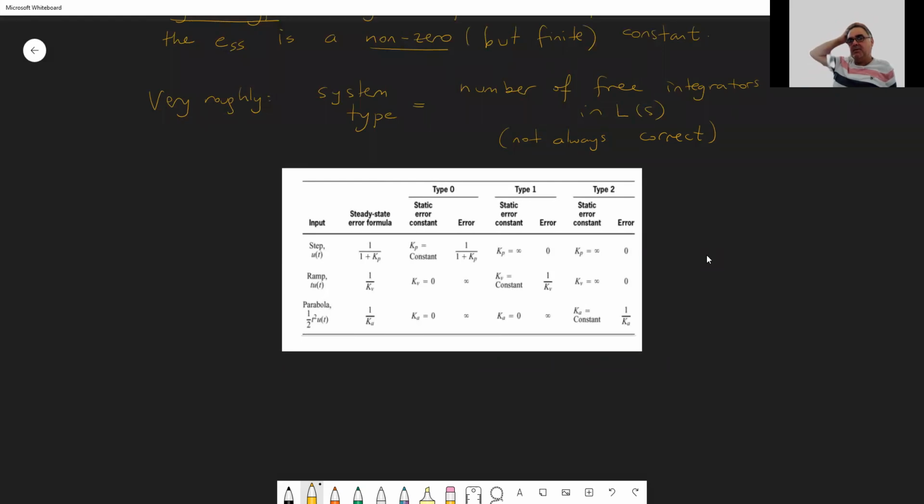So this is the table. It is for the step input, ramp input, and parabolic input only. This is a little bit confusing, but anyway, if you have a type 0 system, for a step input, the steady state error will be 1 over 1 plus Kp.